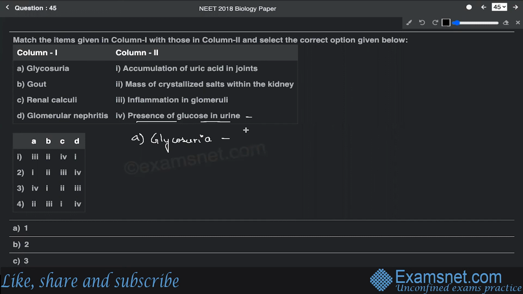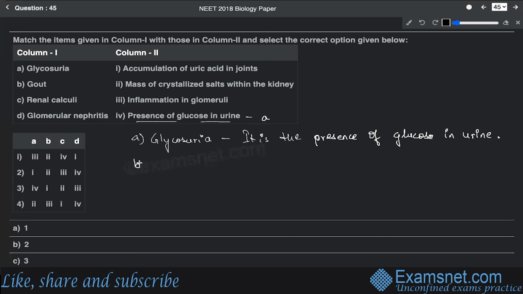All right. So glycosuria is the presence of glucose in urine. So that is the case.